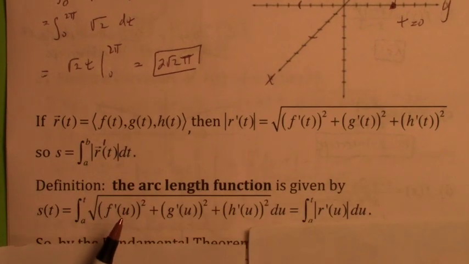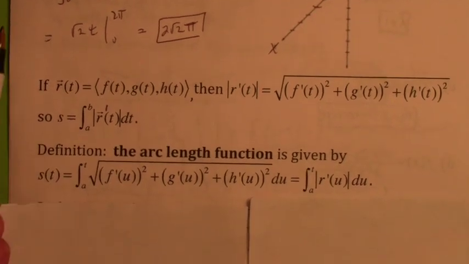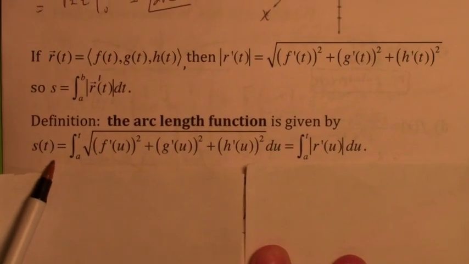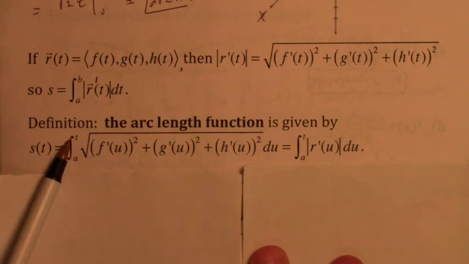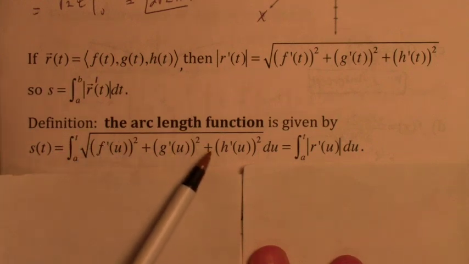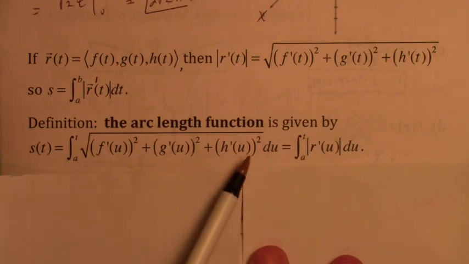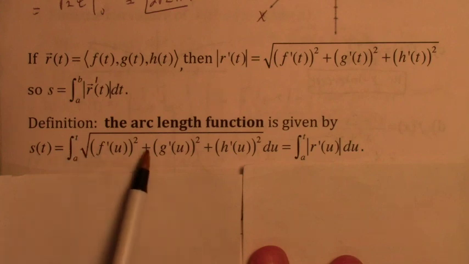All right. Another thing that's kind of interesting is you could have an arc length function. Think of s of t as the arc length so far. Suppose you start at t equals a and you move along the curve until t, and you want to find the length of the curve. Notice I'm not using t here as the dummy variable. You're not supposed to use the dummy variable the same as the limit of integration.